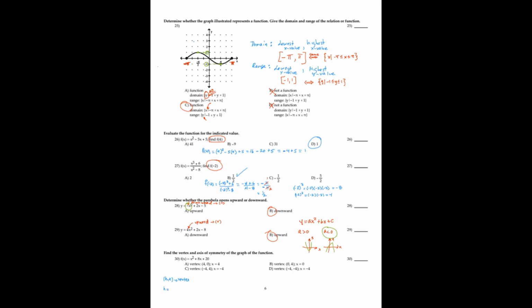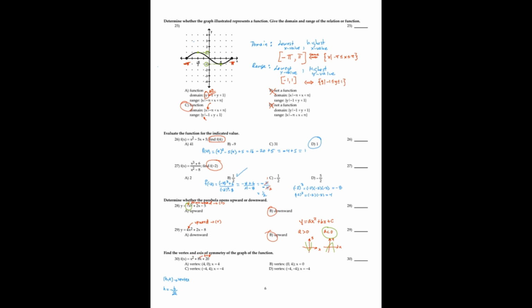What is b here? Here, b is 8 and a is 1, because when there is no coefficient, it's 1.